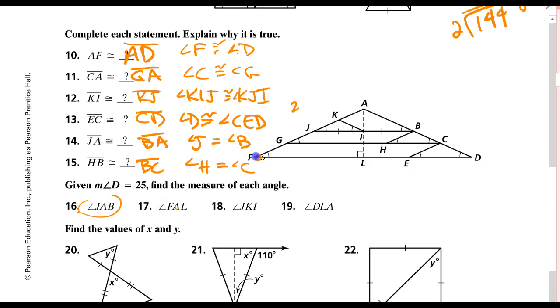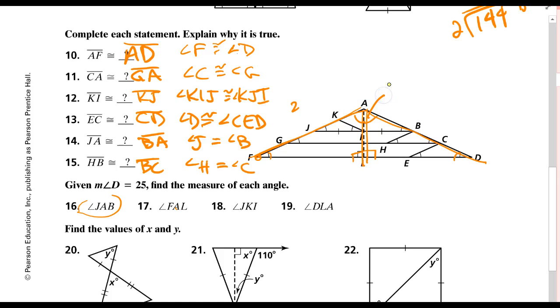FAL, F to A to L. Well, if I've got this side congruent to this side, and this side congruent to itself, and this guy congruent to this guy, I've got right angles here, I am very certain that this angle will be congruent to that angle.